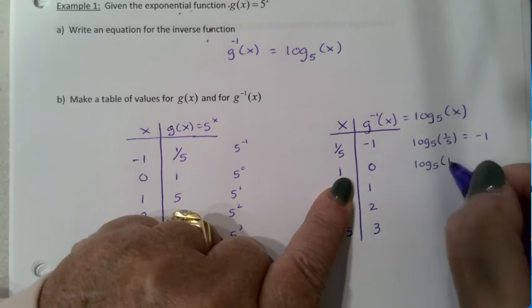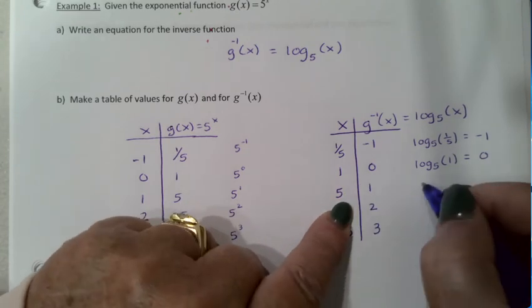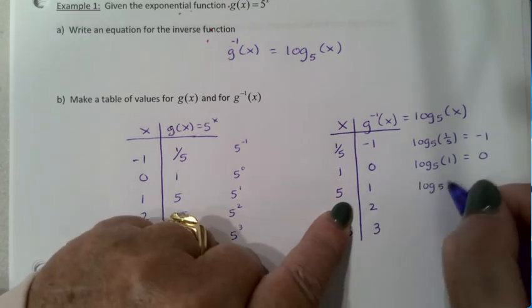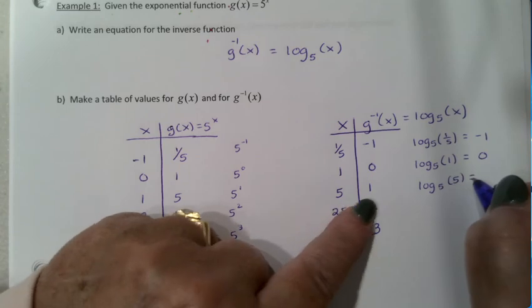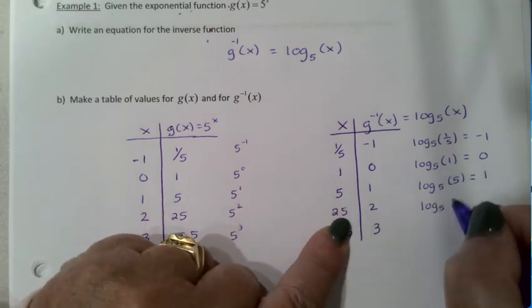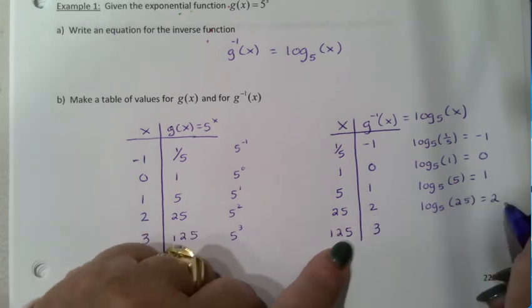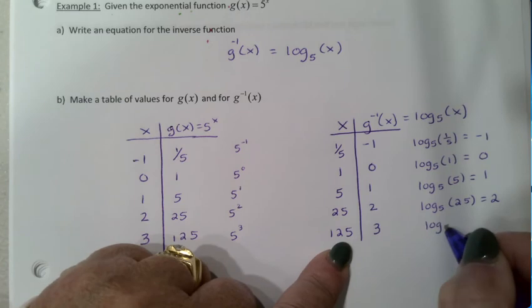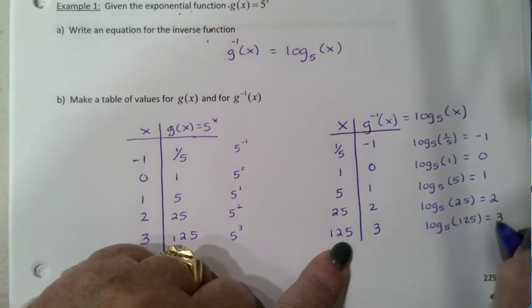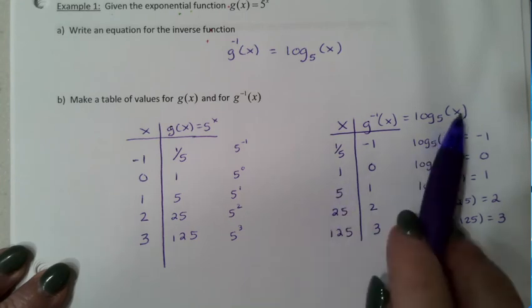And the log base 5 of 1 is equal to 0. The log base 5 of 5 equals 1. The log base 5 of 25 equals 2. And the log base 5 of 125 equals 3. That was just by flipping the table and plugging in my values.